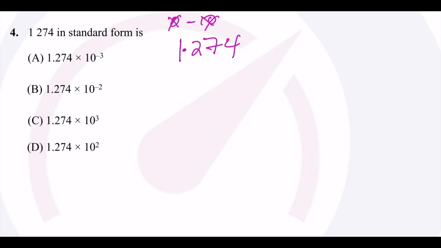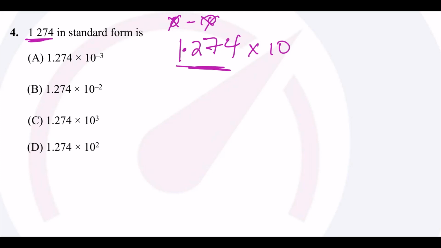So put your point after your first digit as long as it is not 0 or 10. Then you put the multiplication sign and times 10. Now look at the original number and look at what we have here. Now I have 1.274.